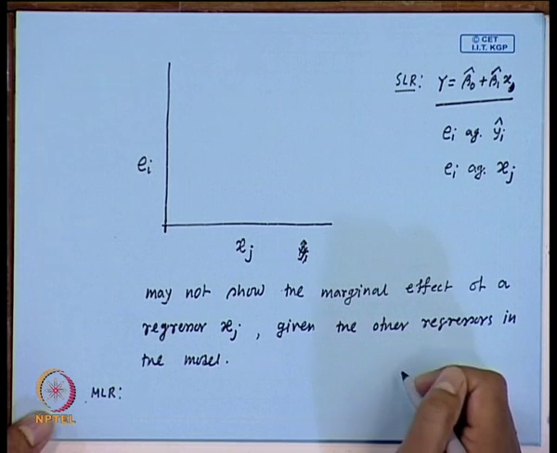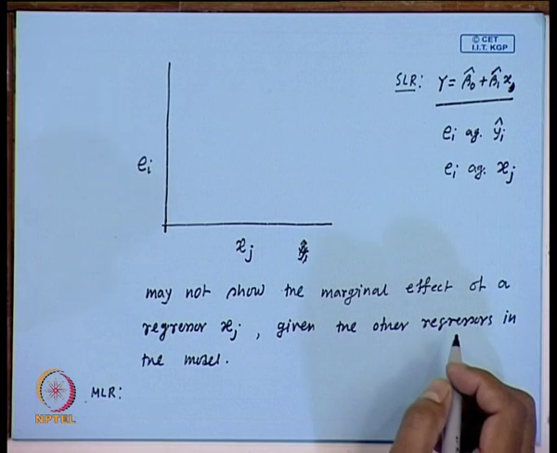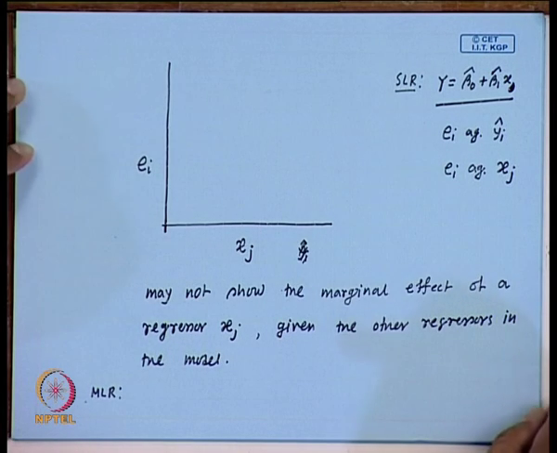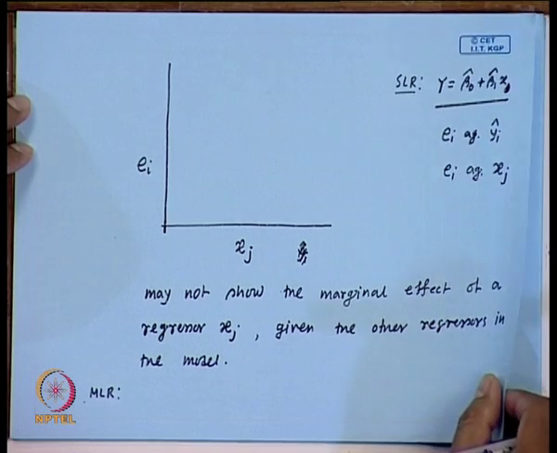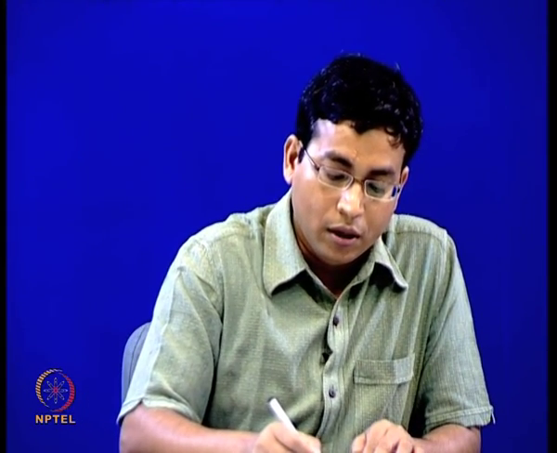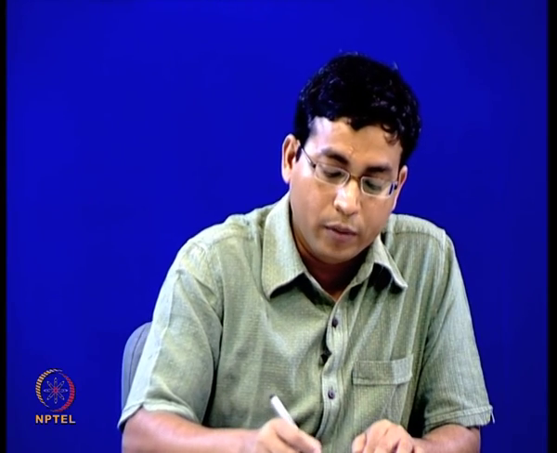Okay, so that is why we need to go for the partial residual plot. I will try to explain the partial residual plot now. This is an improvement on the residual against regressor plot.